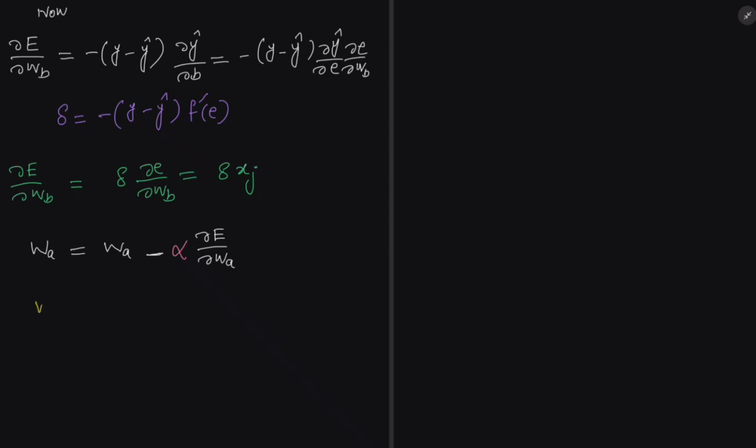You need to update the value of WB as well, since these are the weights and these contribute in the linear combination. So what we do, we consider WB the old value. Again, the derivative of error term with respect to WB.